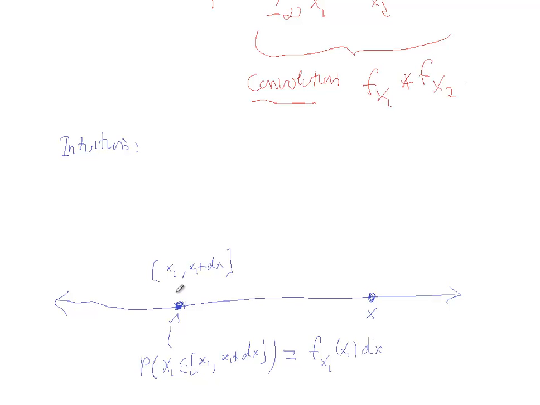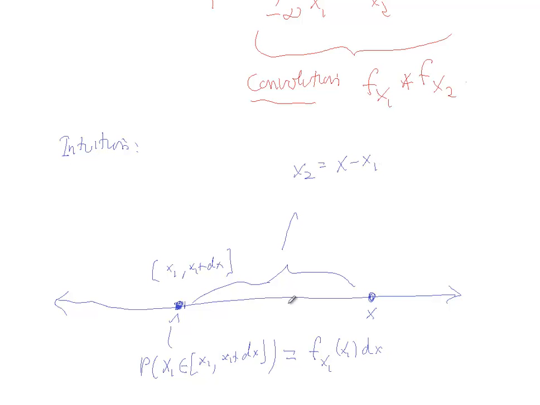Now, if x1 is in this interval, what's it going to take for x1 plus x2 to be x? Well, that means that x2 must take this value. So x2 would have to be equal to x minus x1.